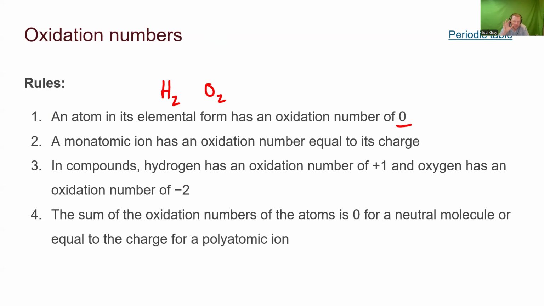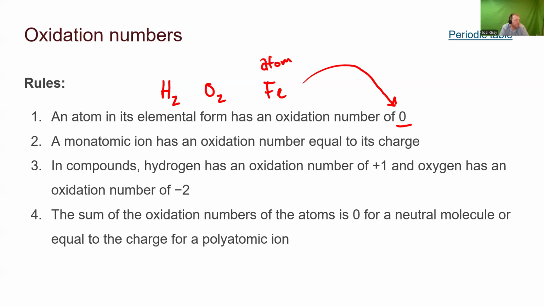So H2, when it's just H2 floating around, has a charge of 0. Another instance where something is in its elemental form would be iron. If I said an atom of iron, what's the charge of that? Well, the charge of an atom of iron is 0.